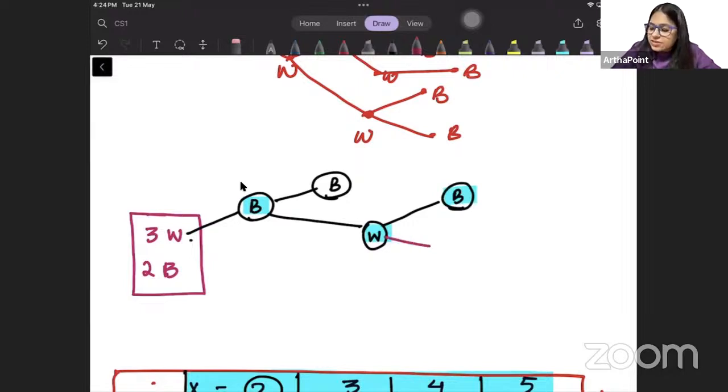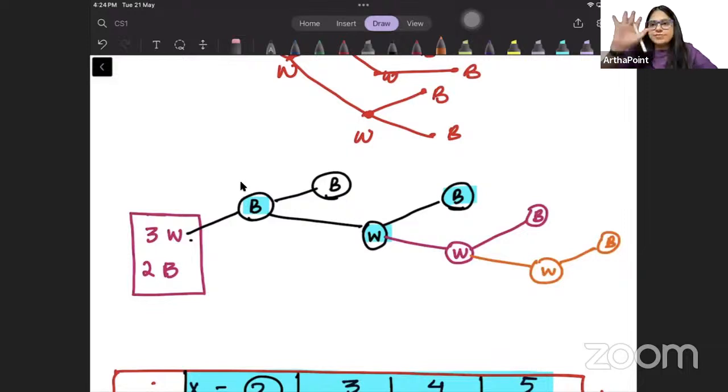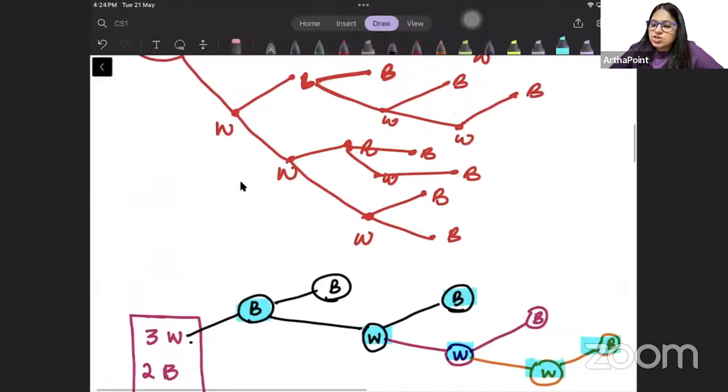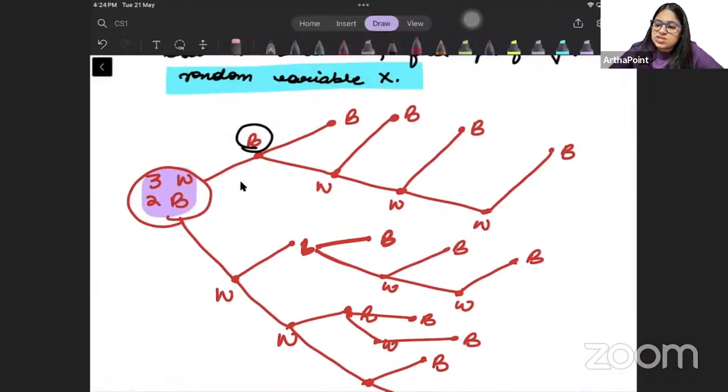Or after the white, again a white ball and then a black ball: 4 draws. Or after this white, again a white and then black: 5 draws. So in the 5th draw, I draw the last black ball. This is possible. So this is the first tree that I have drawn here.